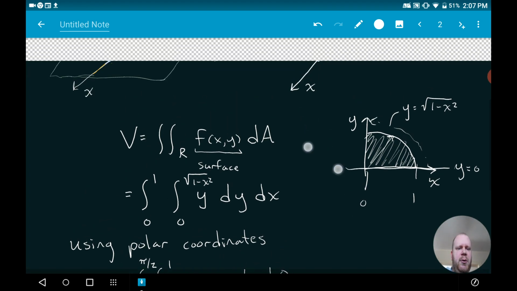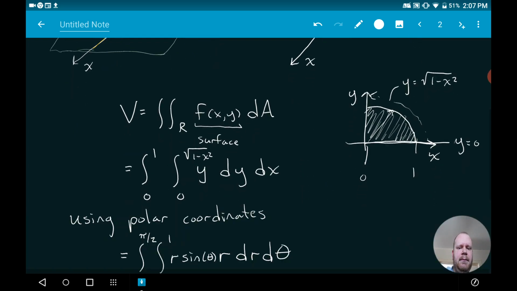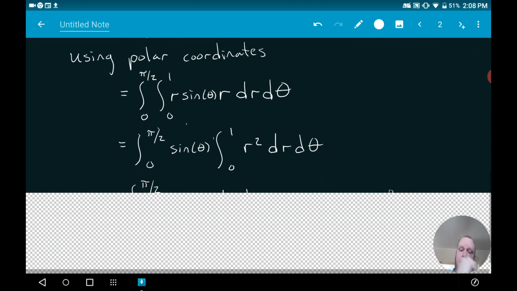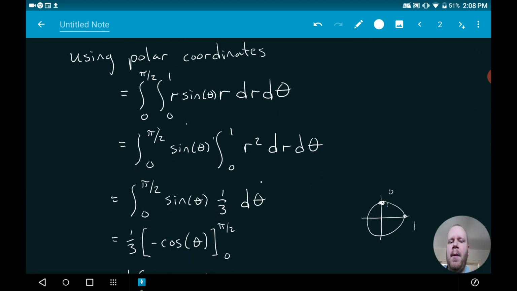Let's see, it's sweeping from 0 to pi over 2. That makes sense. R is in between 0 and 1. And then the surface is z equals y. This is 1/3 r to the third. Integral of sine.